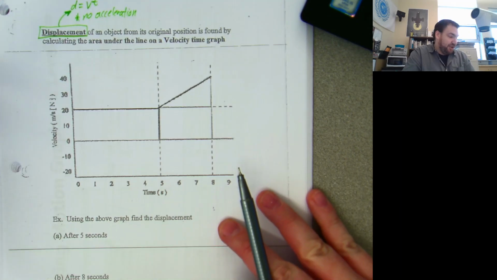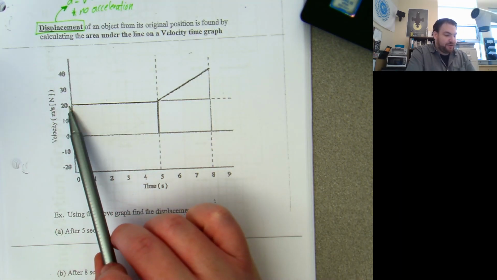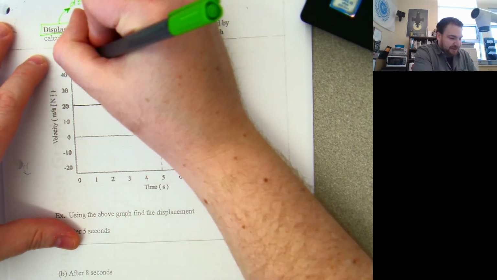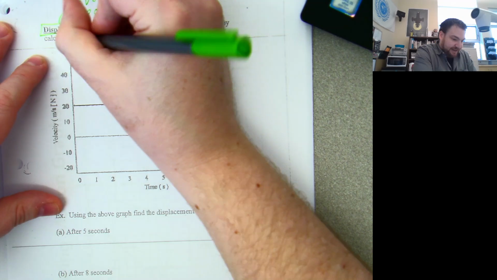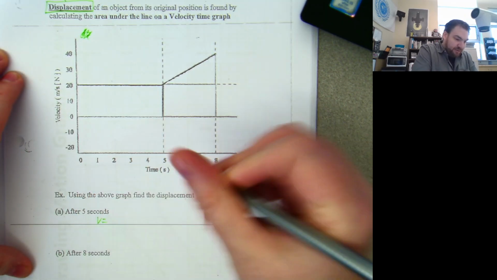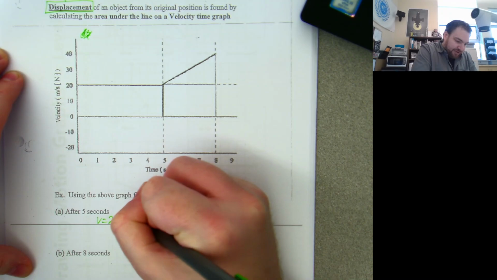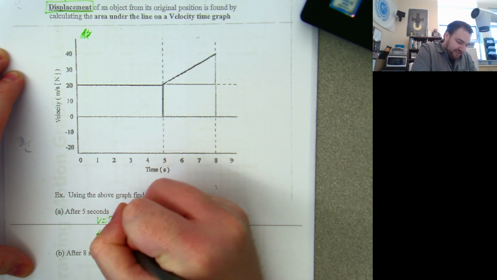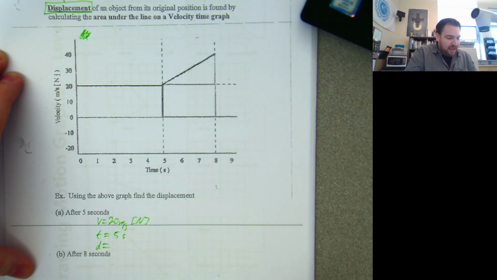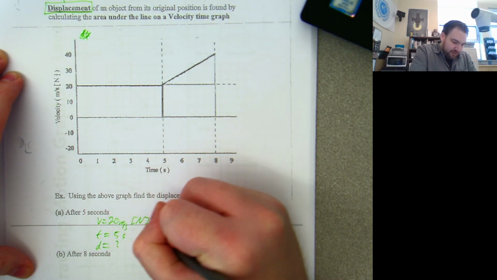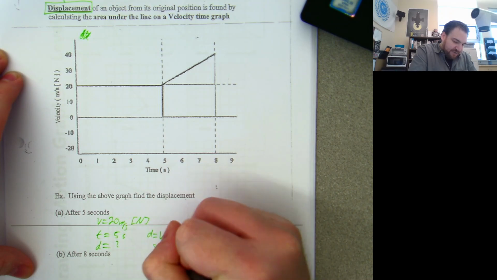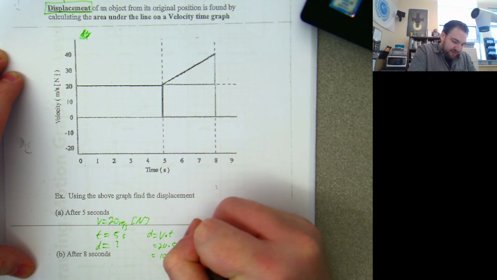If I said to you that your velocity was 20 meters per second north, the time it took was 5 seconds, and I wanted to know what the displacement was, you would say, okay, well, d is equal to v times t, so v is 20, t is 5, 20 times 5 is 100 meters north.